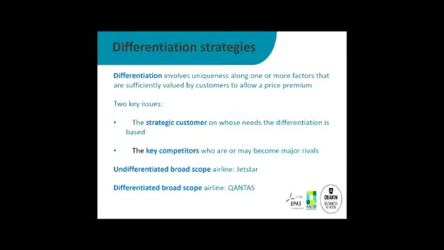So differentiation strategies based on the concept Qantas versus Jetstar. Qantas is reliable, Qantas is safe, Qantas is traditional, a little bit of comfort. So it's a little unique compared to Jetstar, and so it's sufficiently valued that people are prepared to pay for it.